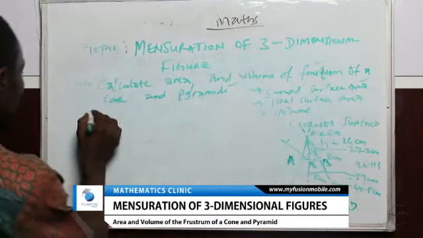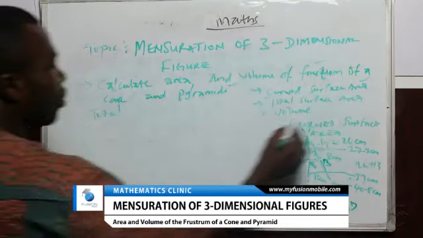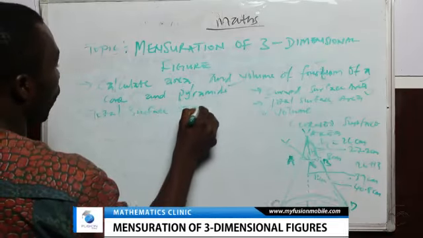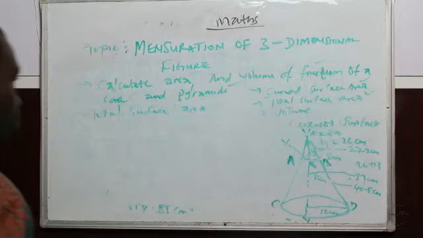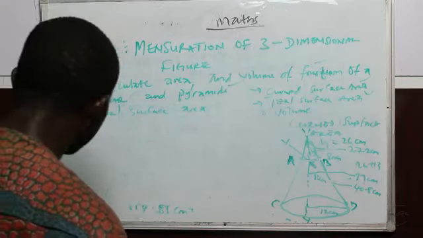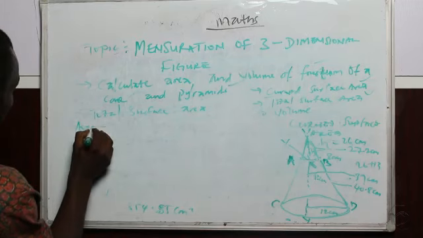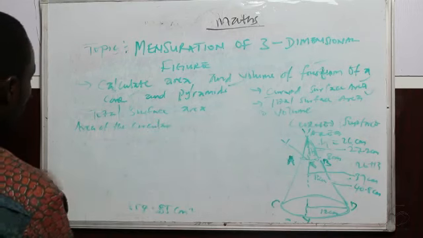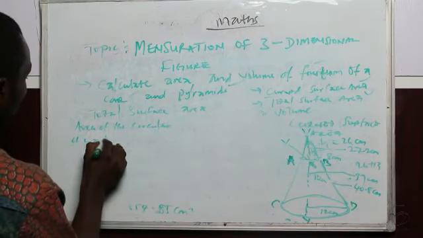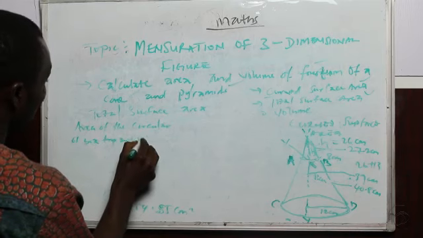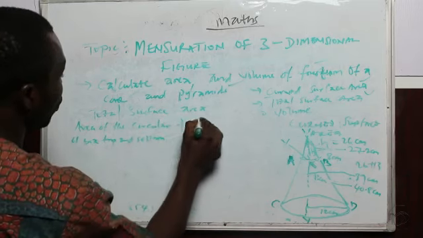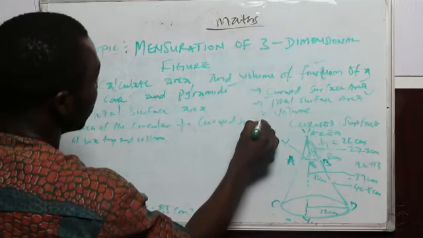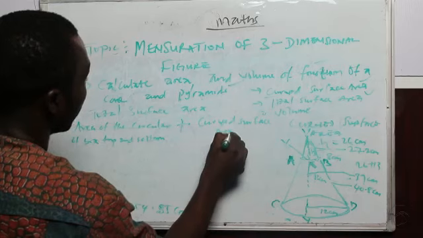So the total surface area of a frustum is equal to the area of the circles of both top and bottom plus the curved surface area.